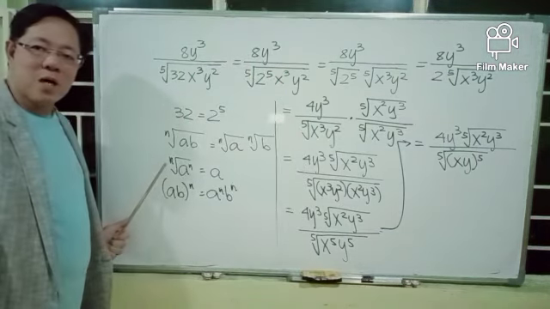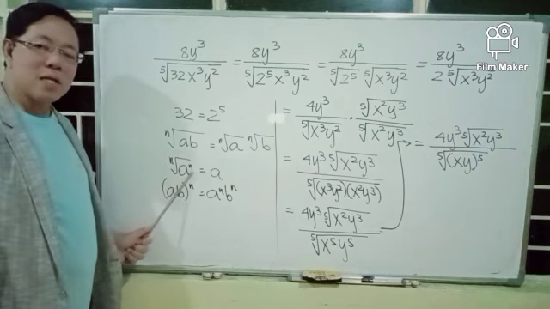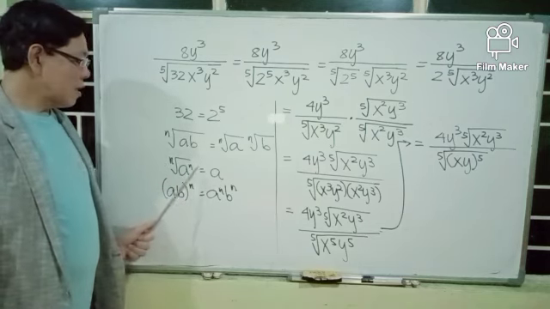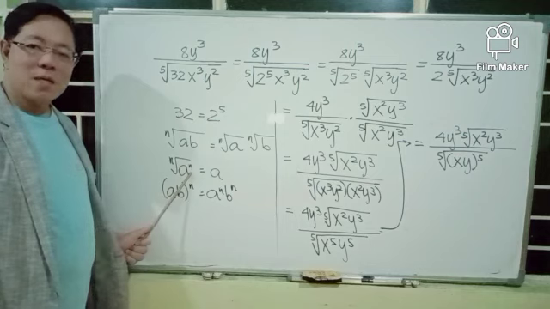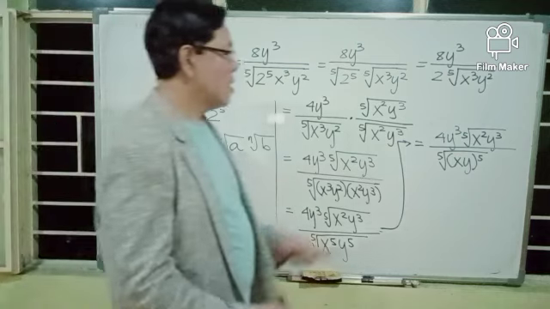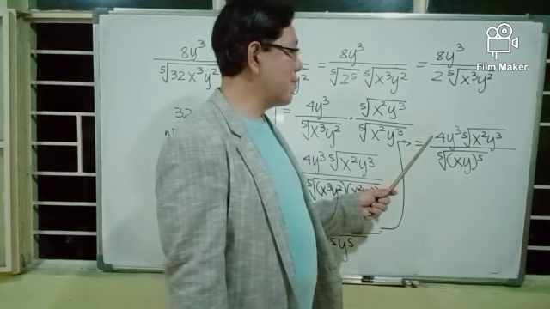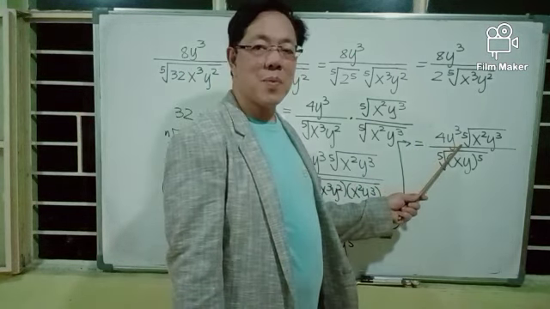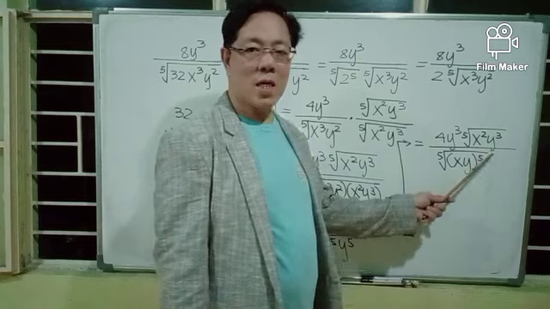By this property of radical, the nth root of a raised to n is a, if the exponent of a is equal to the index n. The numerator is the same, 4y cubed multiplied by fifth root of x squared y cubed.